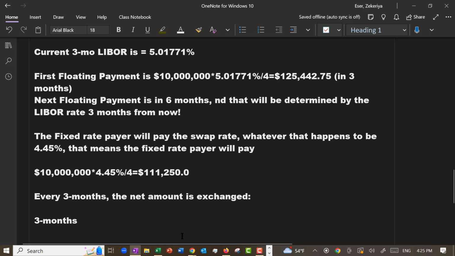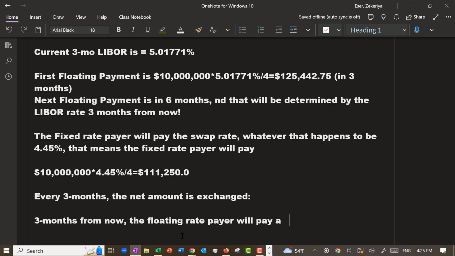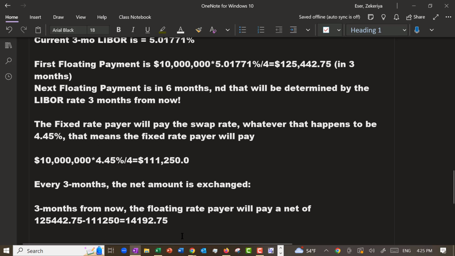The floating rate payer will pay a net of 125,442.75 minus 111,250.